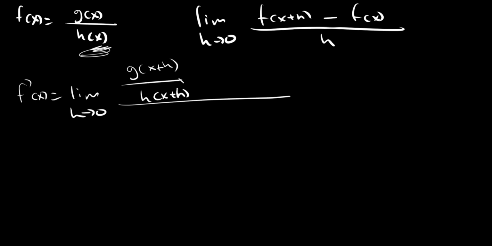All right, it's going to be minus g of x divided by h. Oof. So now let's do what we usually do. Let's simplify. This is what limits are all about, right? Do you remember when I told you in my problem video about limits?